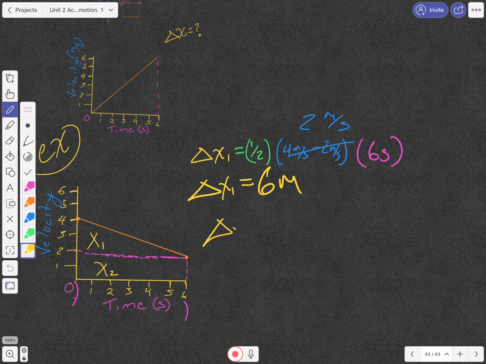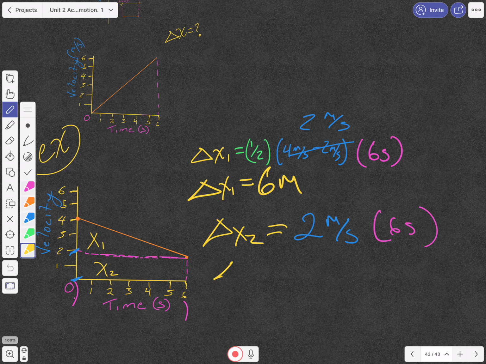Now delta x2 is just a regular rectangle. So we can just do the height, which is from 0 to 2. So 2 meters per second times our time, which is still 6 seconds.